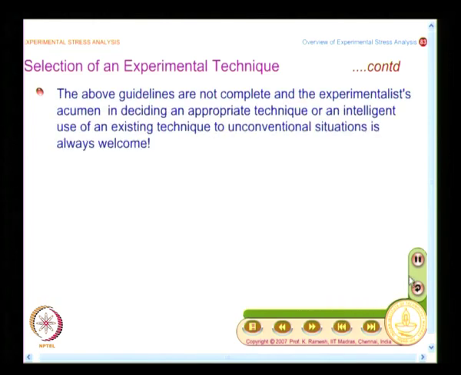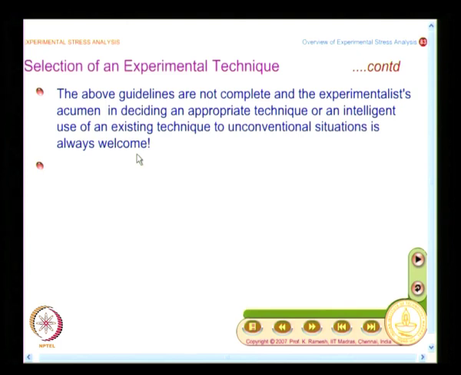Then what you have to keep in mind is that the guidelines that we have discussed so far are not complete, and the experimentalist's acumen in deciding an appropriate technique is very much essential, and intelligent use of an existing technique in unconventional situations is always welcome.